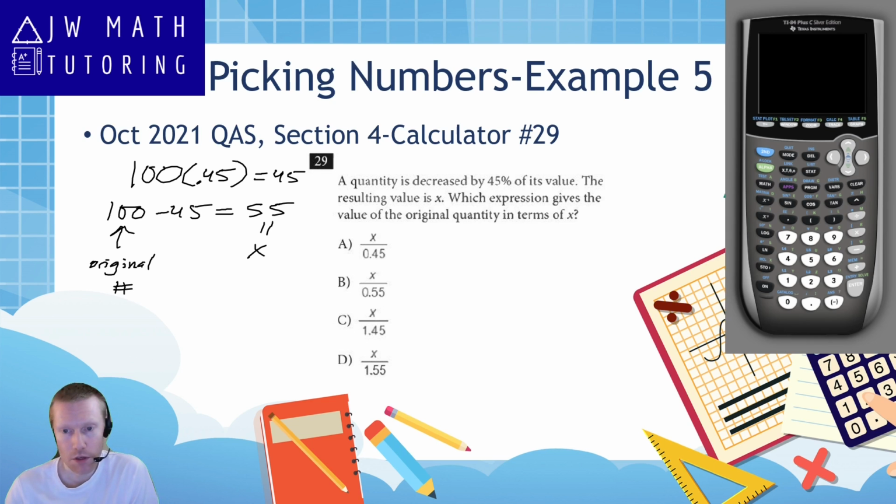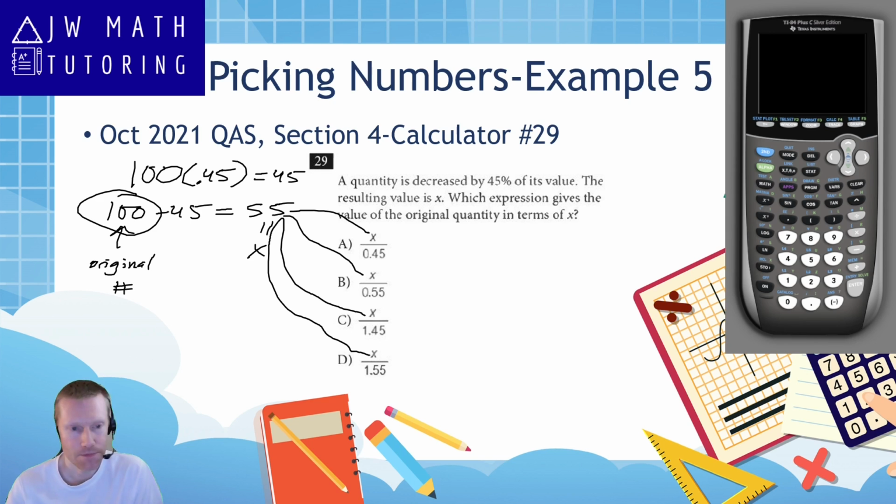Now, all these answer choices are the value of the original quantity. So I'm going to plug in 55 for x in each of them, and the output I'm looking to get is, again, the original quantity, which is 100.